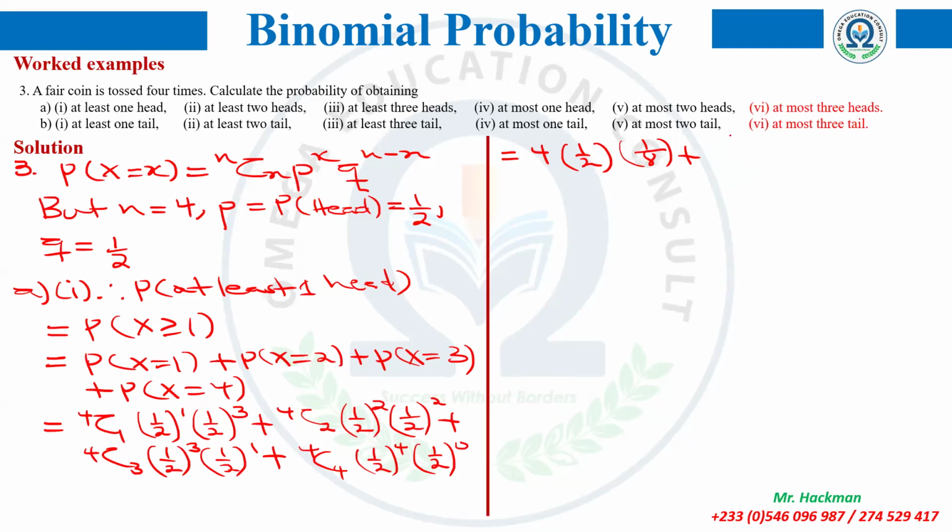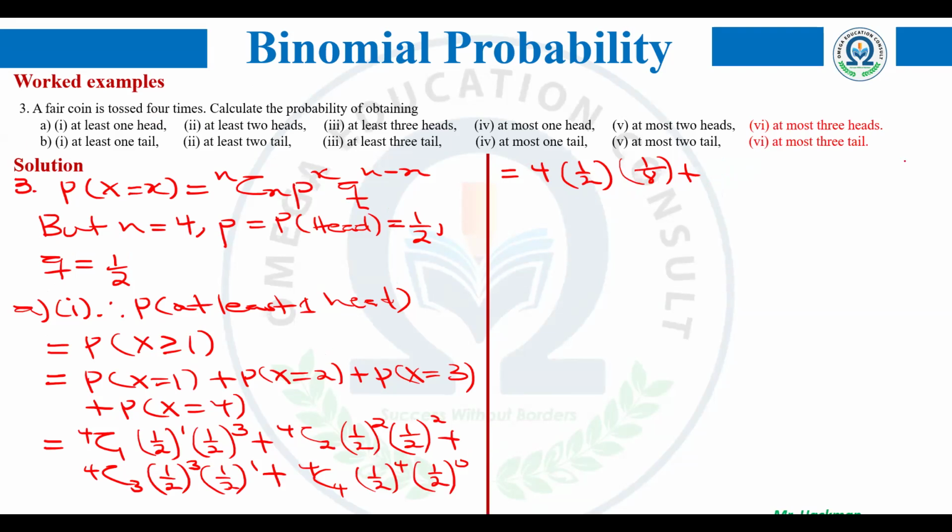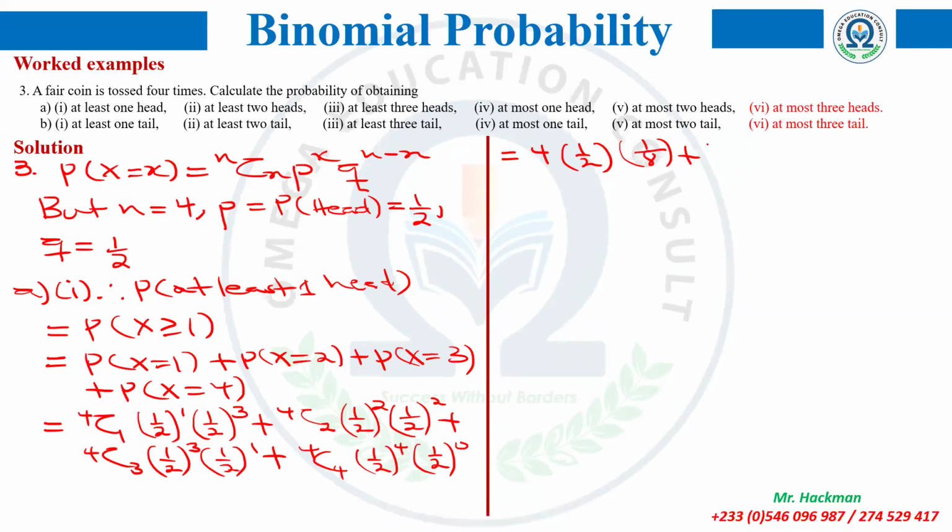So the next one, let's go. Help me, my professors. 6 into 1 over 4, 1 over 4.